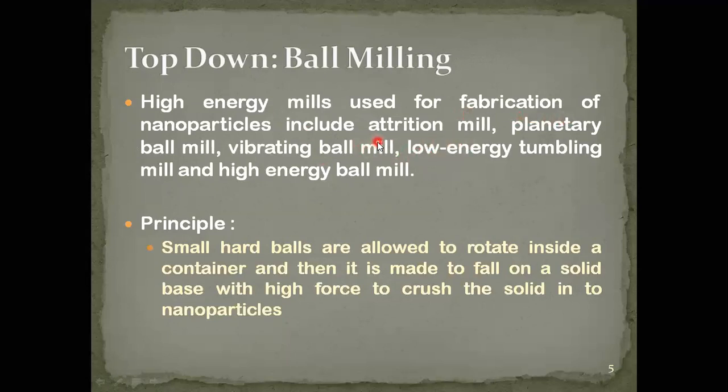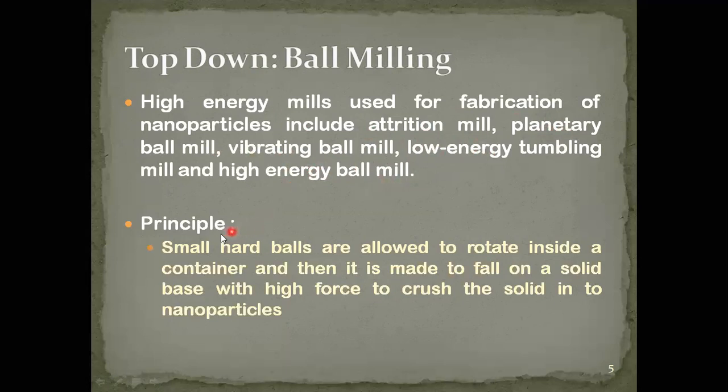The different types of mills we use are the attrition mill, planetary ball mill, vibrating mill, low energy, and high energy ball mill. We'll get to know these mills in a short time.